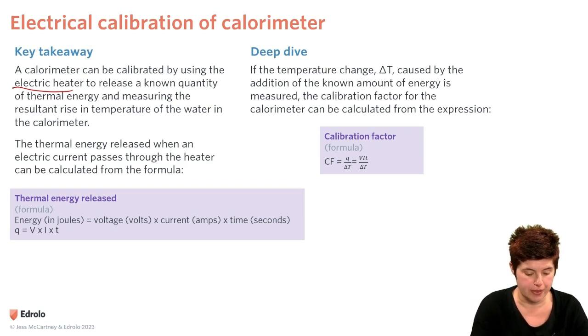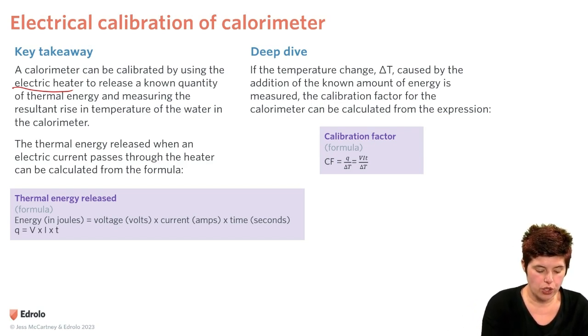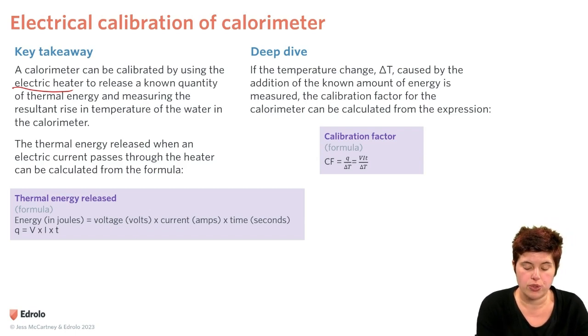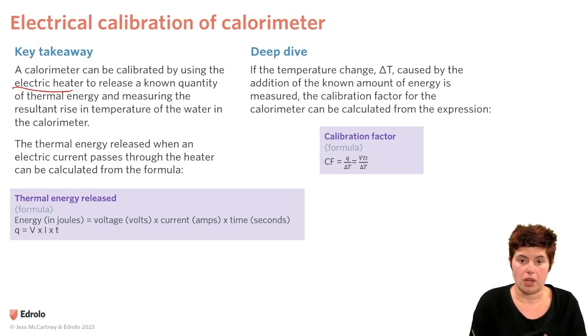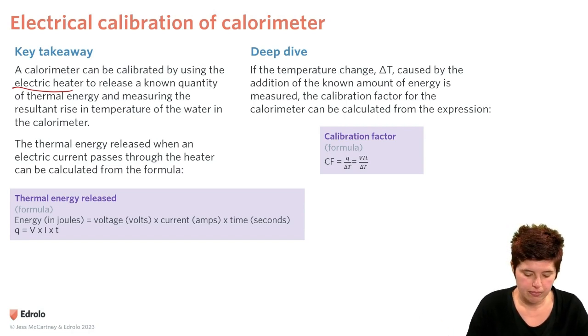You use electricity to heat the electrical heater with a certain number of volts and amps for a certain amount of time. By using all this, we can calculate the calibration factor: how much energy is supplied and how much is actually kept inside.